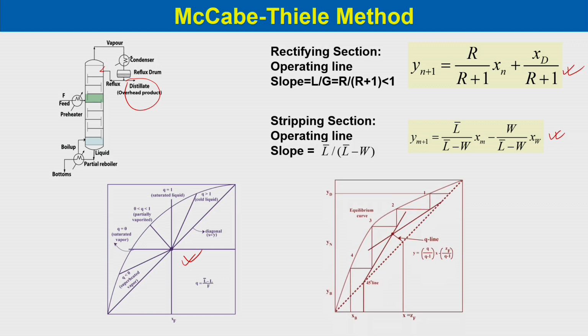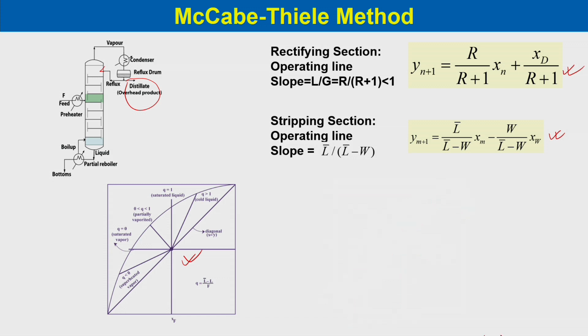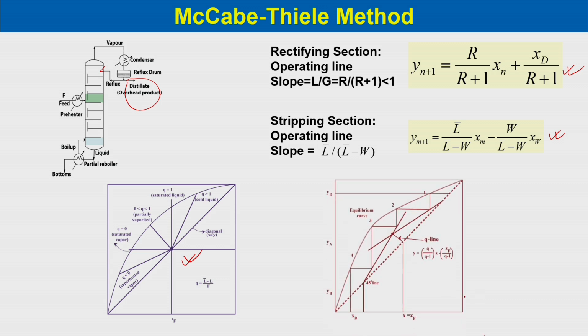So, we can locate different points, we can draw the equilibrium curve, we can draw the operating line for both the sections and we can draw the feed line, and then by this graphical method we can calculate the number of trays.